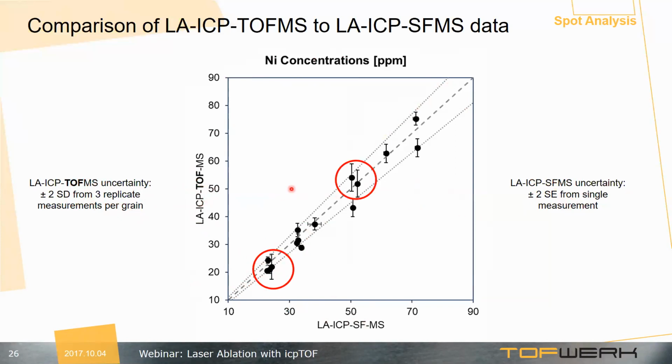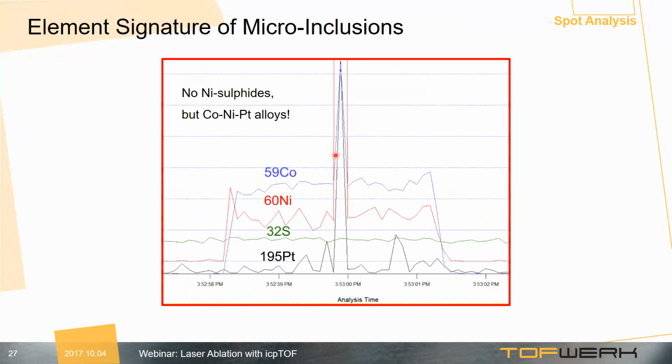And one thing we noticed is that some samples had more variability in the nickel concentration. Here we went back to the original ablation signal. And sure enough, we found spikes in nickel in these samples. First we suspected that these could be nickel sulfides, which are common in mantle garnets.